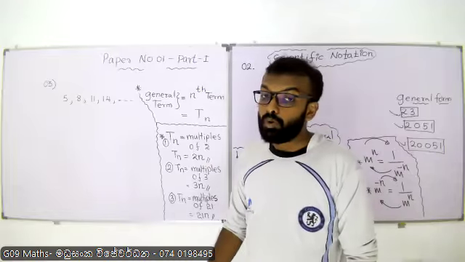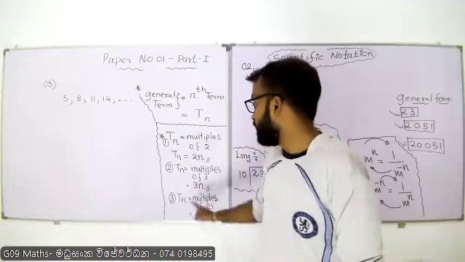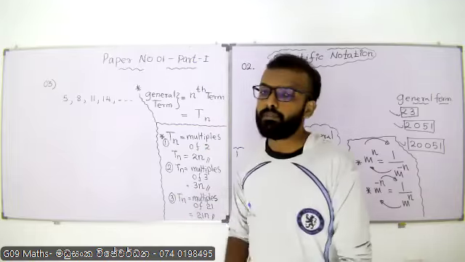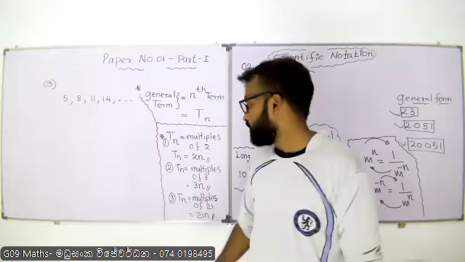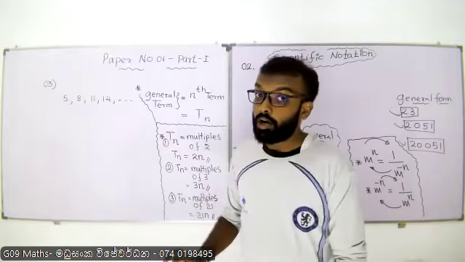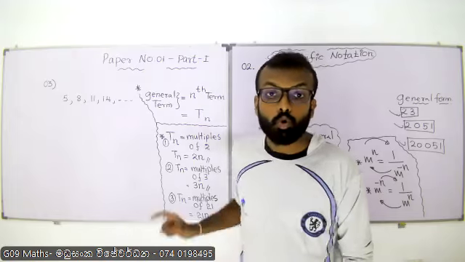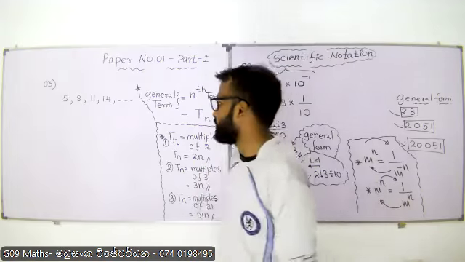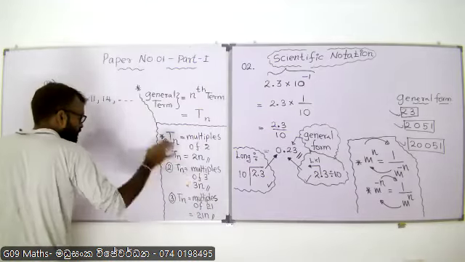Write the general term of multiples of 3 starting from 0: 3n. Multiples of 21 starting from 0: 21 times n. Keep that in your mind. So we are going to use one of these here.